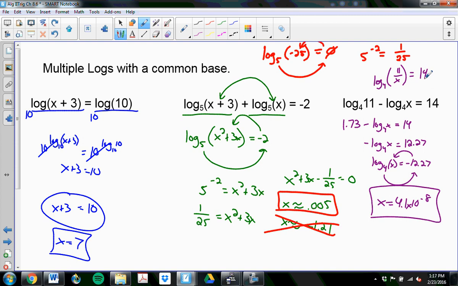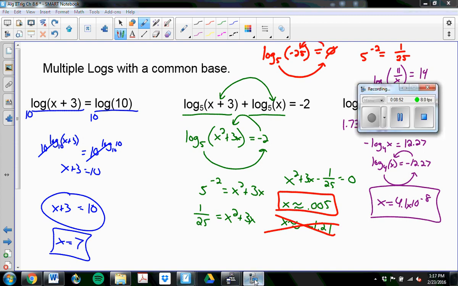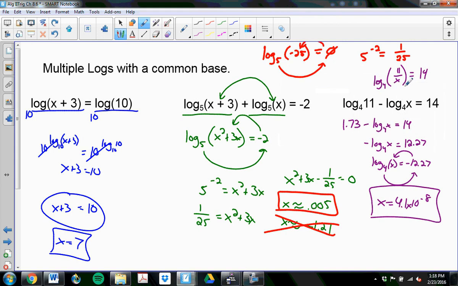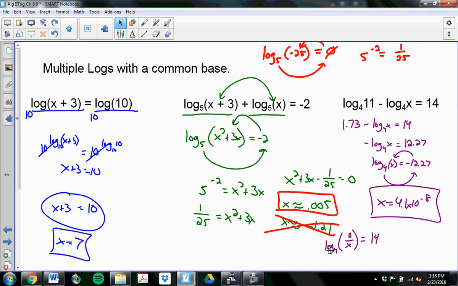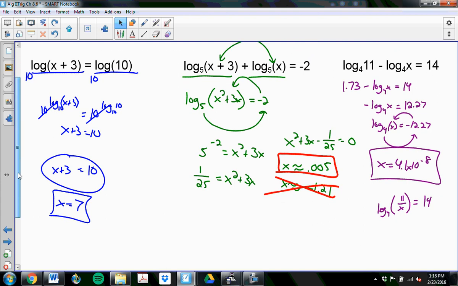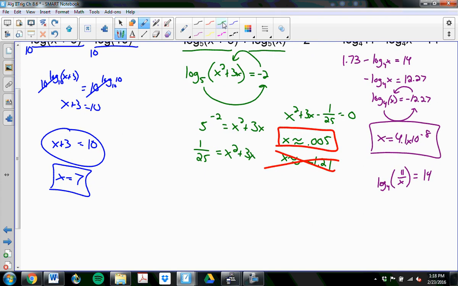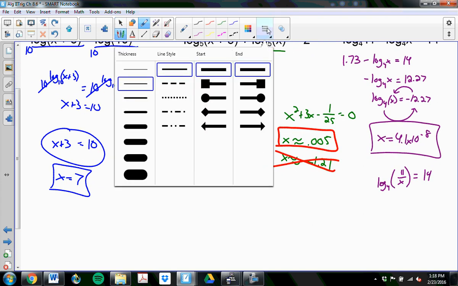Why does that seem so different? Awkward silence. Okay, it's not at all different. It's actually the same. I just got to finish. I'm going to take this and come down here. To solve this, it has an x on the bottom, so it becomes a really big number turns into a really small number.